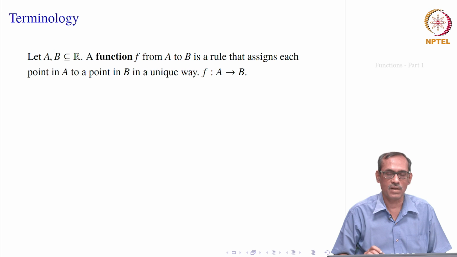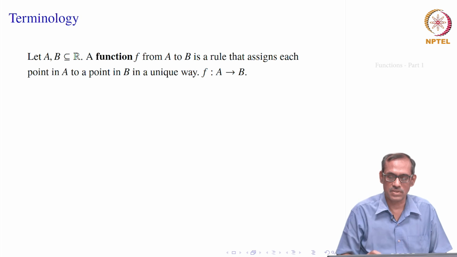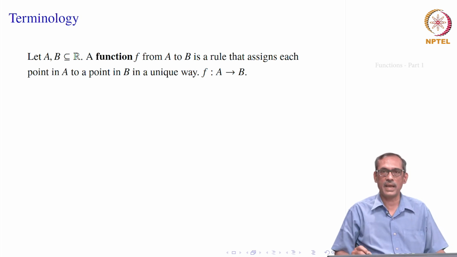So, suppose A and B are non-empty subsets of real numbers and we denote by f, small f, a function from A to B, provided it gives a rule that assigns each point in A to a point in B in a unique way. We will certainly say what is the meaning of this unique way. We will write such a function f from A to B.